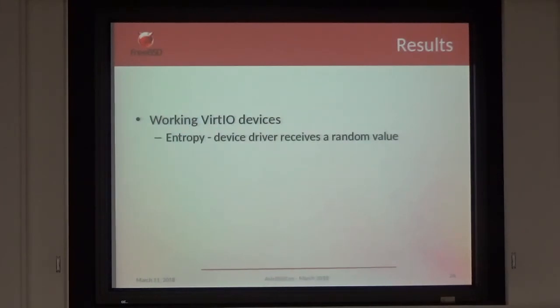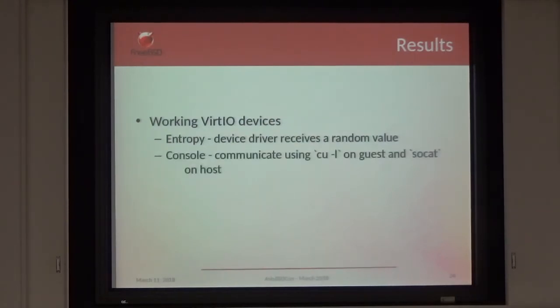As a result, we have a working entropy device, that is, when the driver requests a random value, the host can provide it. The console is working, and I tested it with cu on Unix from the guest and socat from the host.